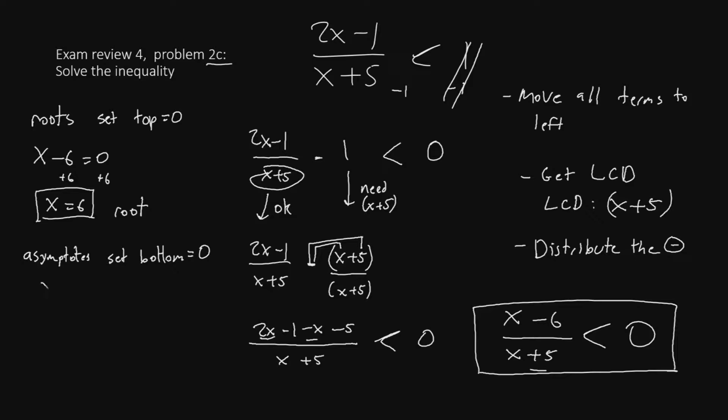So we'll say x plus 5 equals 0. If we subtract 5 from both sides, we'll get x equals negative 5 for our asymptote. Once we have the roots and the asymptotes, we'll carry those forward and place them on the number line.